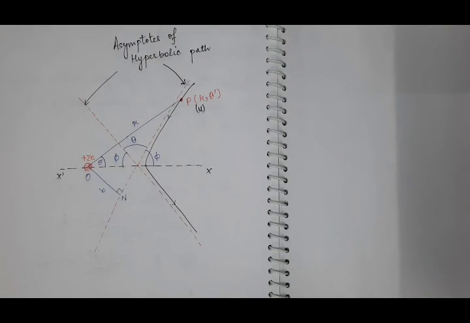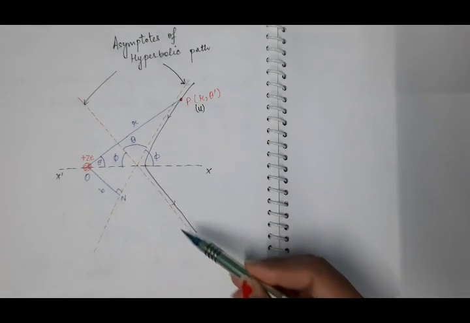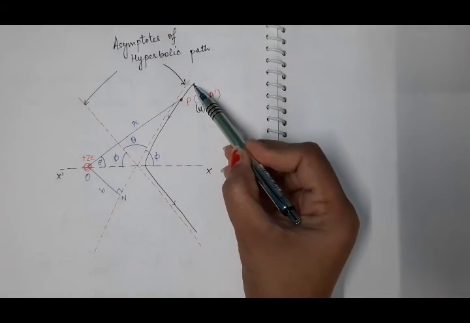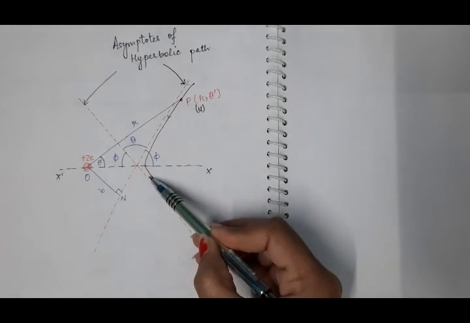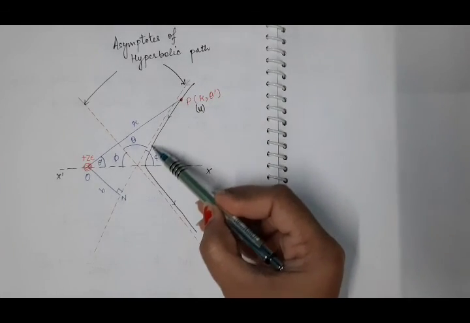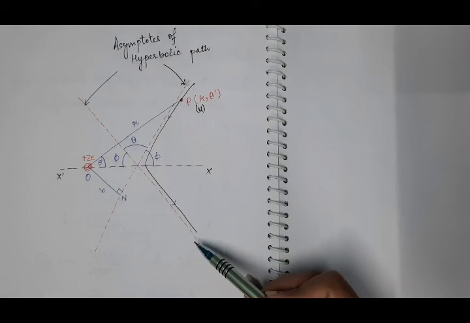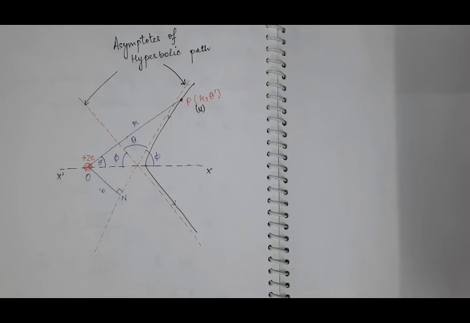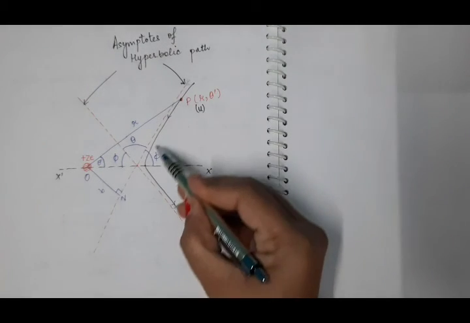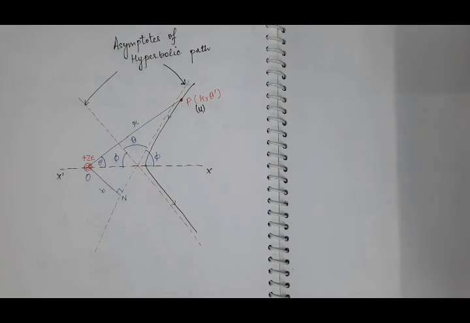Actually, what are asymptotes? Asymptotes are those lines or curves which approach a curve but never touch it. They will never touch the actual path followed by the particle.